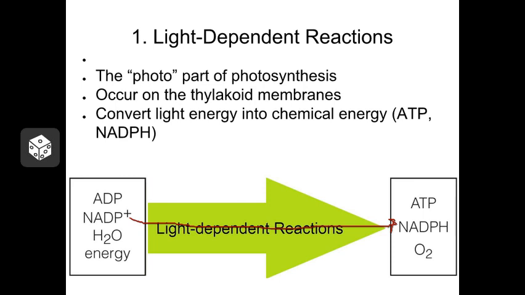What kind of a reaction is that? Well, the plus sign on NADP+ indicates that it has lost some electrons. So in order to convert it into NADPH, it has to be reduced, which means it's gaining energy. Both ATP and NADPH have more potential energy than their oxidized counterparts. So that's where that solar energy is going, into these two molecules.